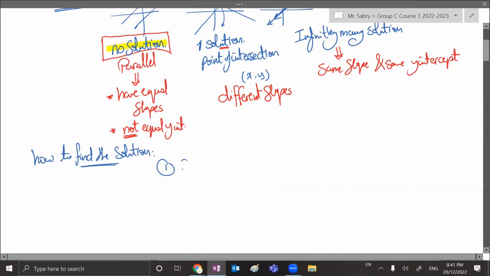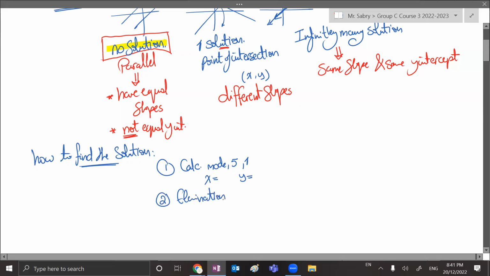The first method is you can use your calculator for sure and just go for mode 5-1. And remember, all of these methods apply when they are linear equations, meaning two lines. So you can go for mode 5-1. This will give you x and y, and that's it. That's your answer. The second method is by elimination.